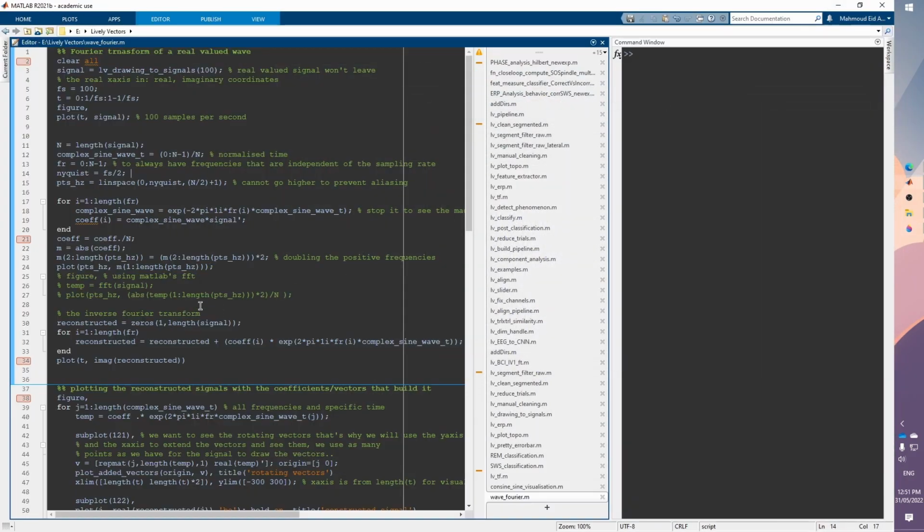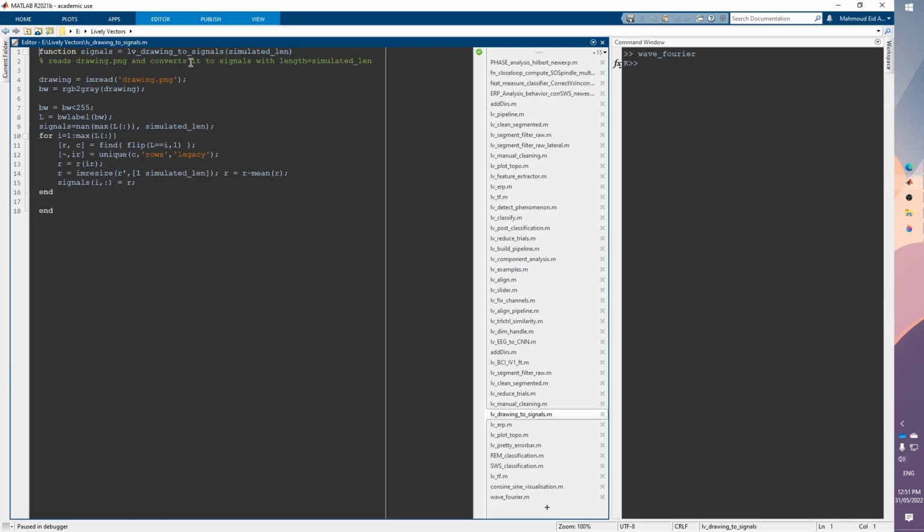So let's try to see a real example for this and look at this code. In this code we will try to build our signal, and I am using another script that I built, so feel free to check it.